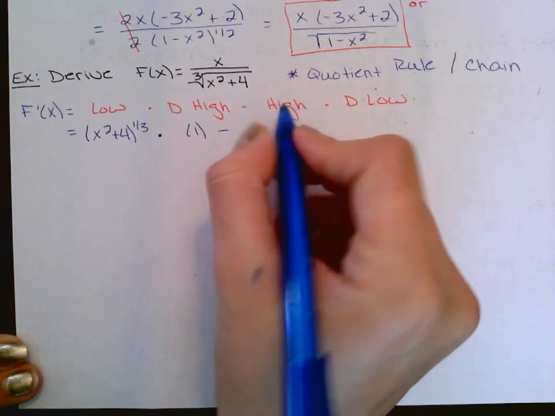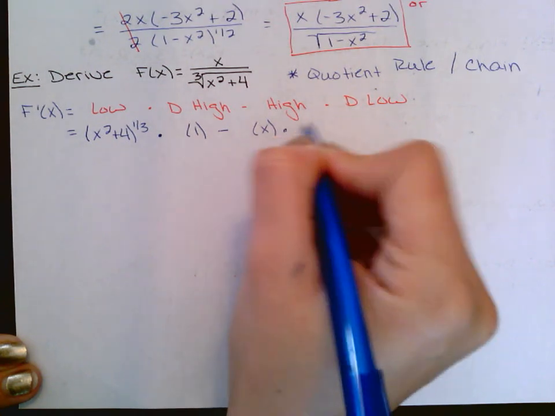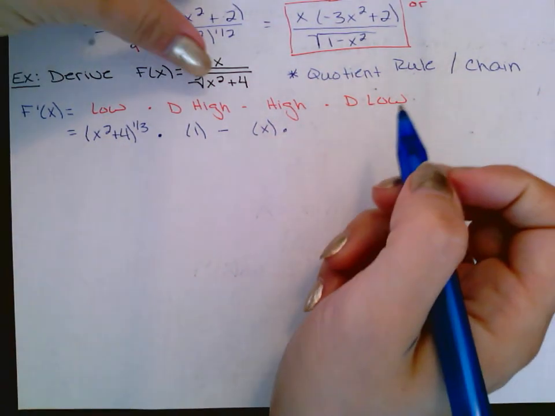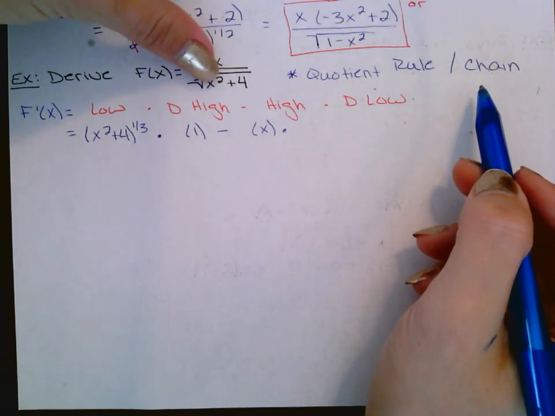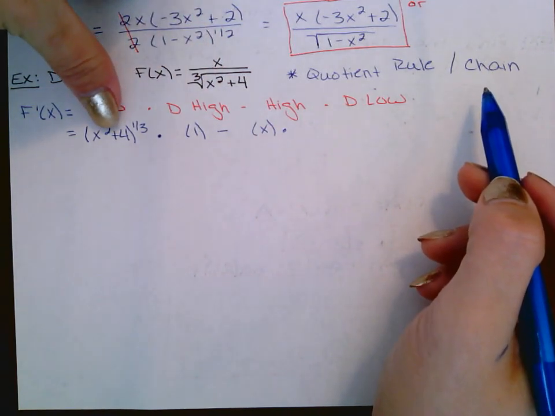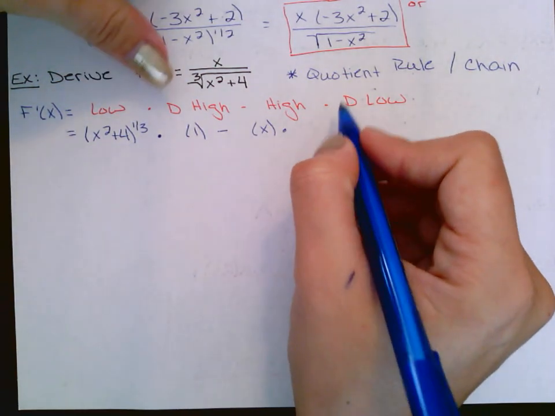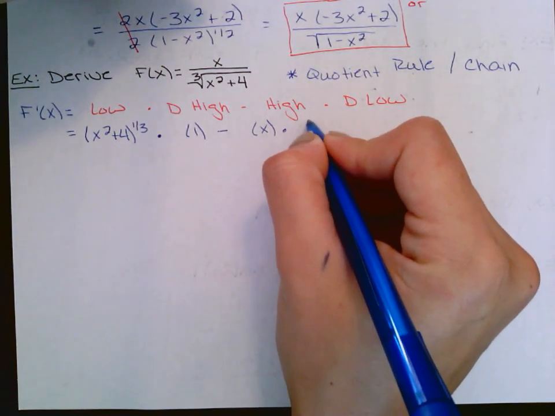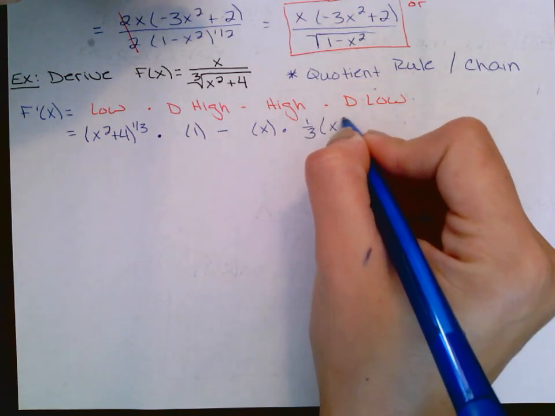Minus high, now I'm just going to write the top, times d low. Now when I go to do the derivative of low is when I'm going to need chain rule. Remember we rewrote low as being the inside raised to the 1/3, okay? So chain rule says derivative of the outside, so it'd be me multiplying the 1/3. Rewrite the inside.